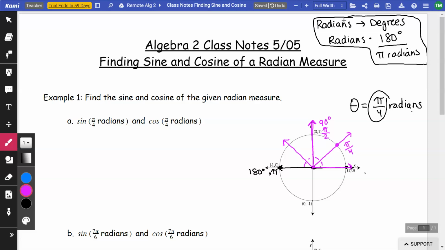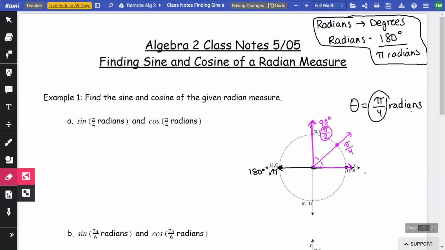Then 2/4 would be the same as 1/2, so pi over 2. Then 3/4 would be over here, 3 pi over 4. And then 4/4 pi would be here, but 4/4 pi is the same thing as 1 pi. So we just found where pi over 4 would be, pi over 2, 3 pi over 4, and 4 pi over 4, or 1 pi.